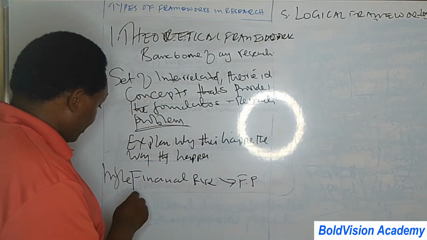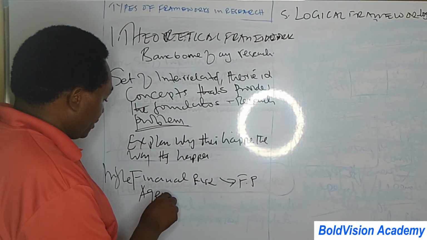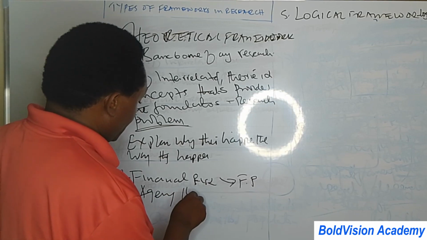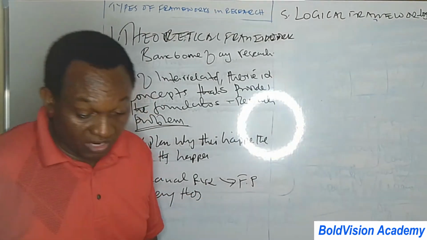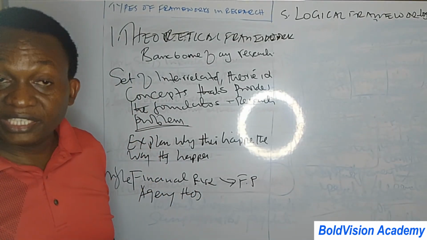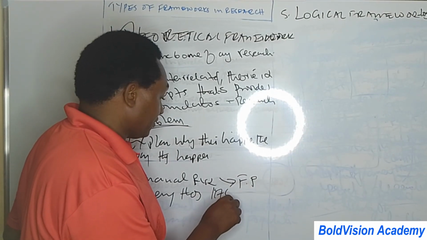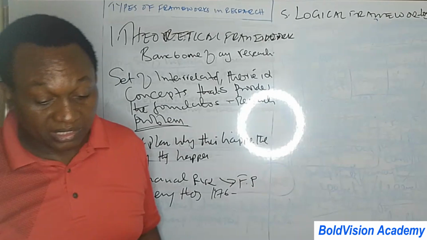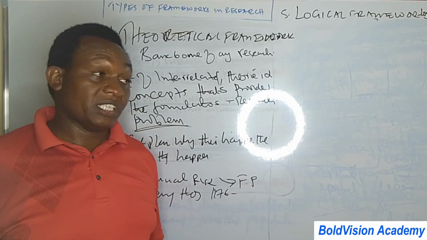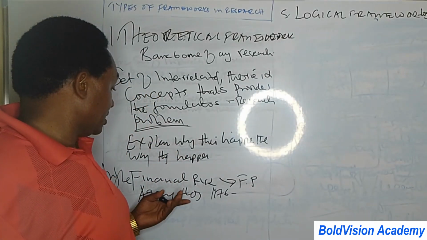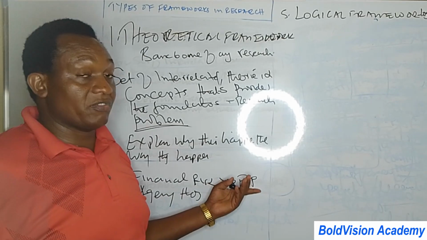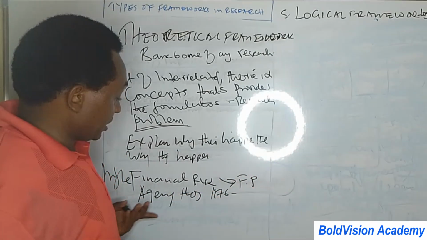We can have theories like the agency theory, which was advanced by Jensen and Meckling in 1976, and it explains why managers might take excessive risk that might affect performance. That is the foundation that I'm talking about.